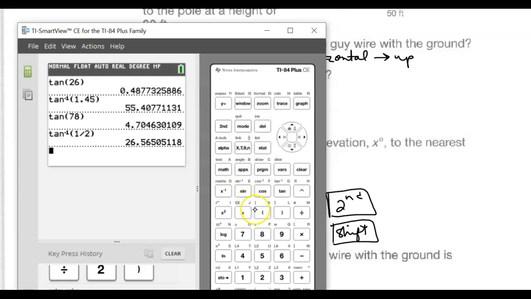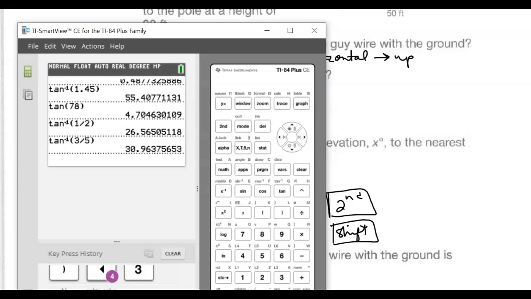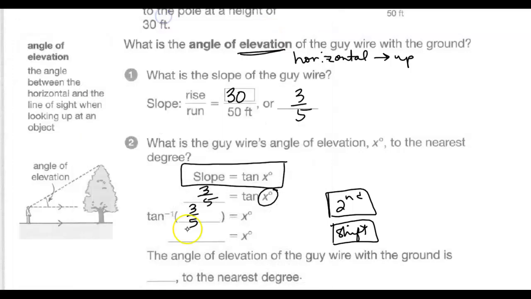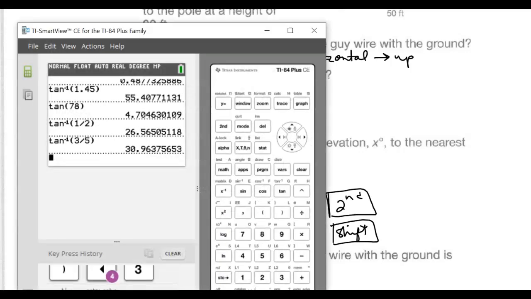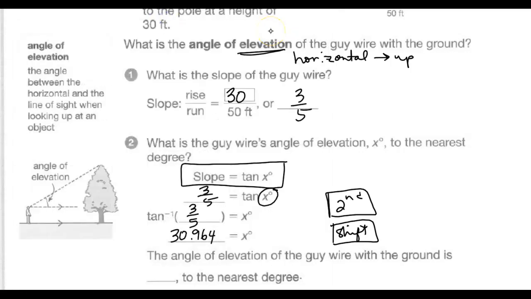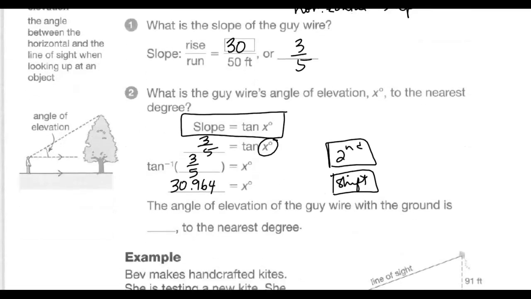So if you see the word tan on your calculator, you're going to go shift or second tan, 3 divided by 5. Enter. It's 30.964, let's say. Just check. Yep. Okay. So that's what the angle of elevation is.